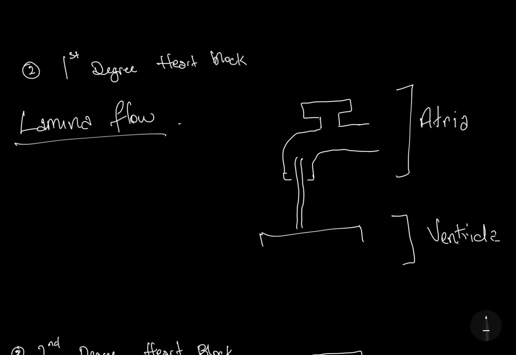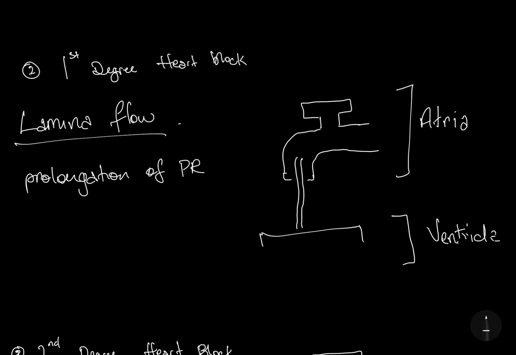It reminds us that first degree heart block is prolongation of the PR, or you have prolonged the time that it took the water to reach from the faucet to the basin. And that's how I would remember first degree heart blocks. On an ECG, you're going to see prolongation of the PR, and it literally means that the electrical impulse has been prolonged from the atria to get into the ventricle.